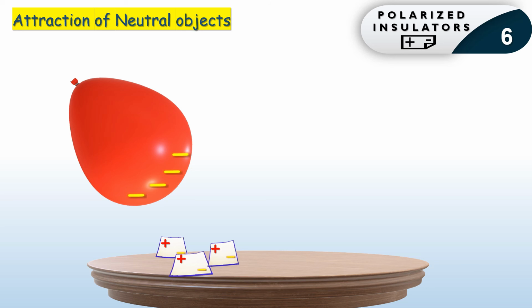However, this time, since the positive charges are closer to the balloon, the attraction force is more than the repulsion force. It's just a matter of distance. The positive charges are closer, therefore more force. This will cause an attraction as shown.